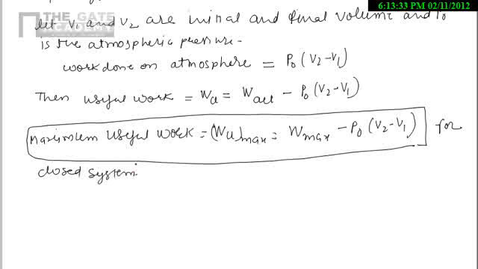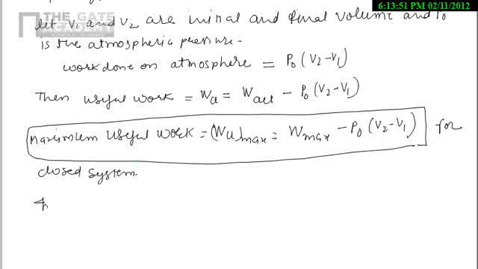And in case of open system, there is no change in the volume because there is nothing like work against the atmosphere. So the volume is not changing in case of open system.